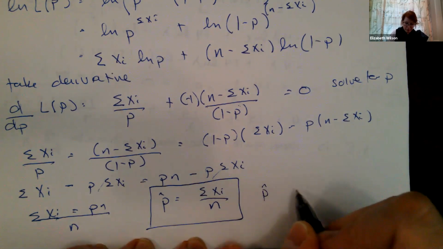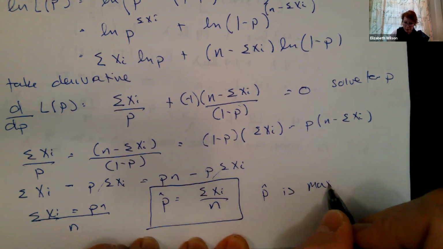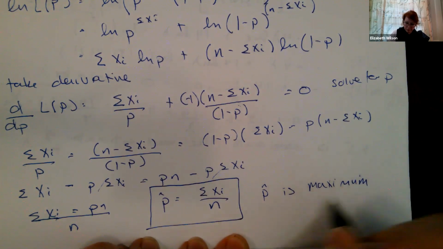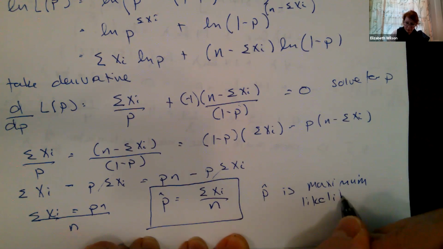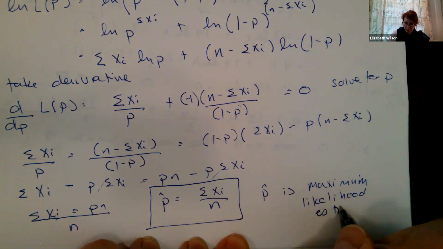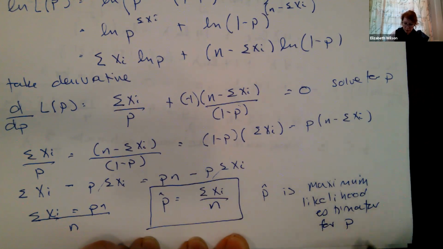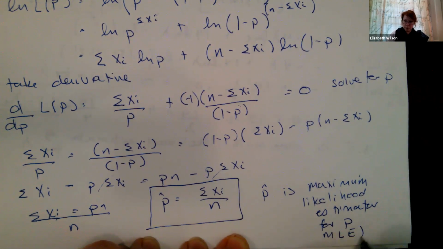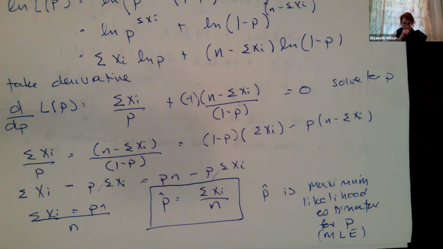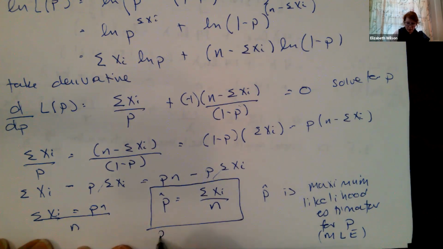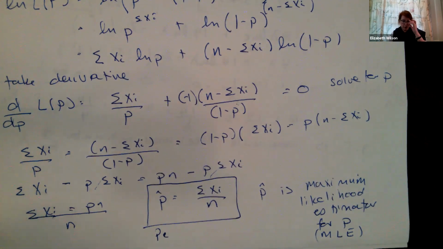So p hat is the maximum likelihood estimator for p, which we also call MLE, maximum likelihood estimator for p. Some books also call this p sub e for estimator. It's the same thing, but just to give you different ways of representing it.